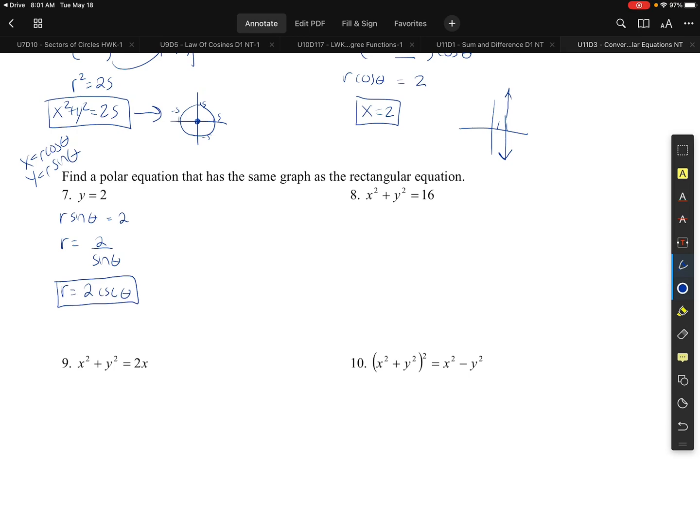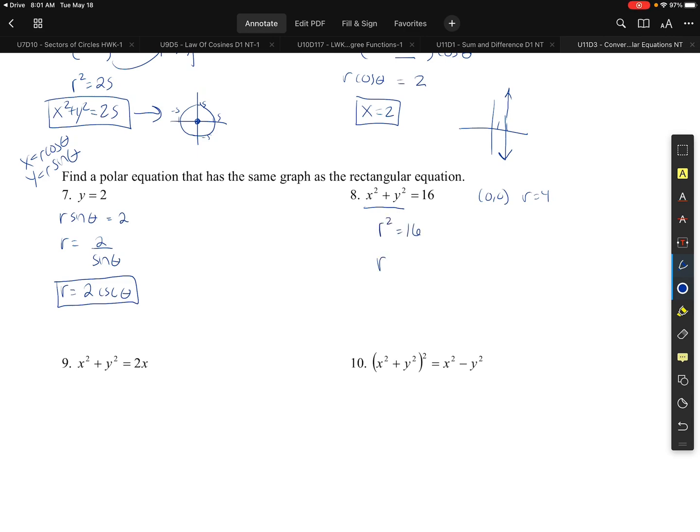And now I'm looking right away at this second problem, problem 8. Problem 8 is set up where I see that circle formula. I know I have a circle. The center is at 0, 0, and my radius is 4. So right there, I already know what this is going to look like, but going through the process, x squared plus y squared equals r squared.